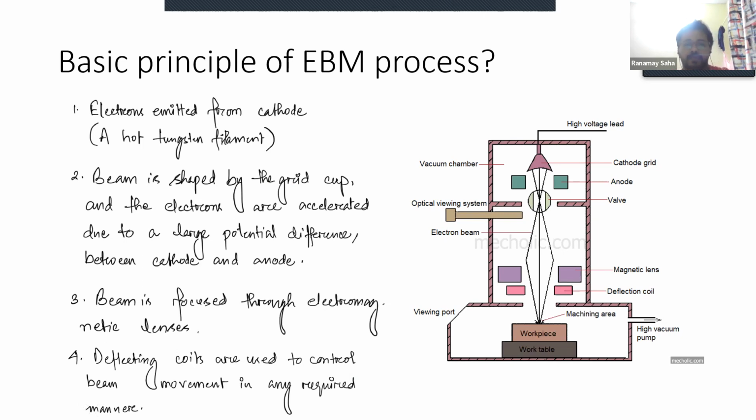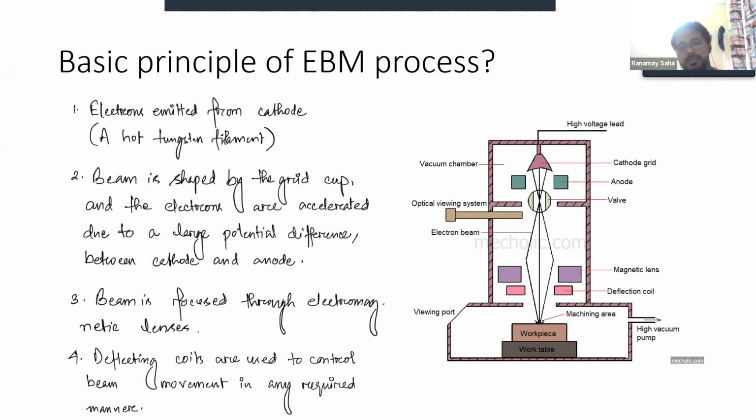Okay. So take a look at the pictogram towards the right of the slide. You can see a cathode grid. So what exactly is the EBM process? It is a thermal machining process, to some extent. A stream of high-speed electrons are emitted from a cathode.